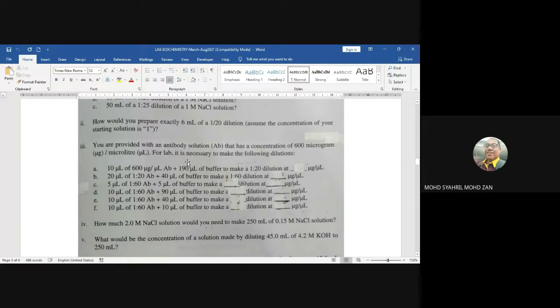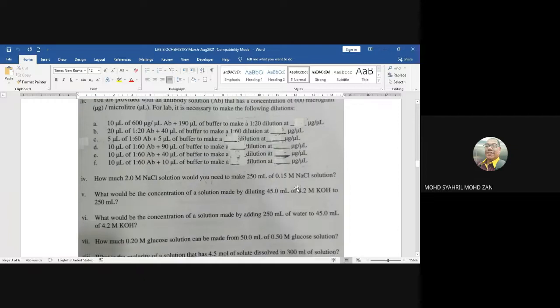For labs, it is necessary to make the following dilutions: A, B, C, D, E, F. Macam mana awak nak jadikan this one kepada 1/20 dilution for A, 1/60 dilution yang B. Untuk C, D, E, F ni, you have to put 2 answers, dilutions and microgram per microliter.